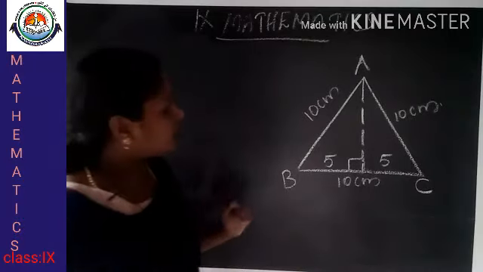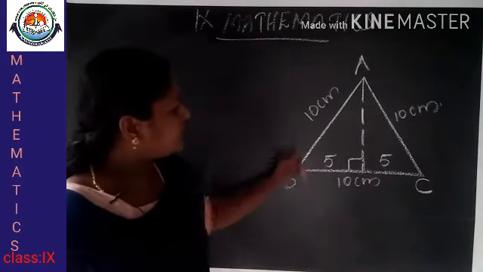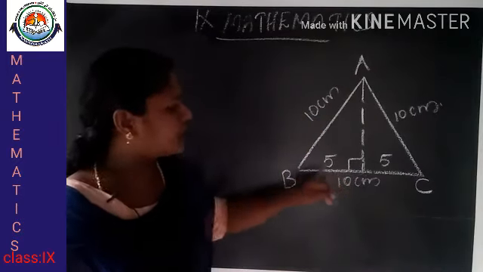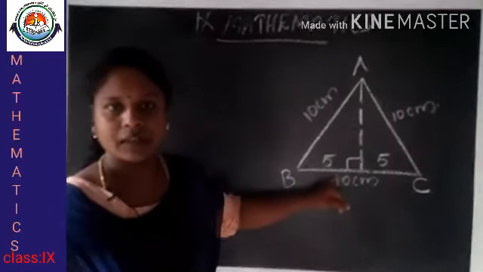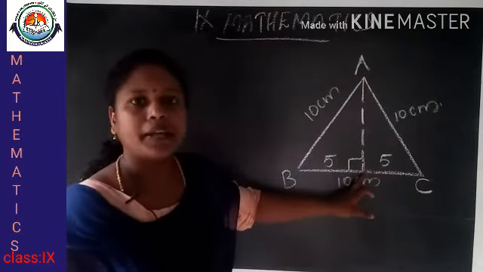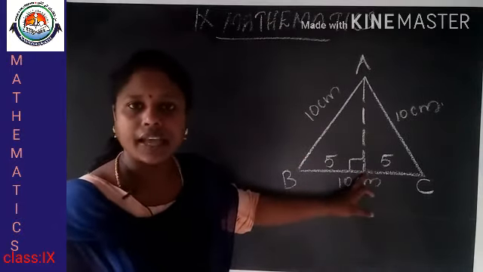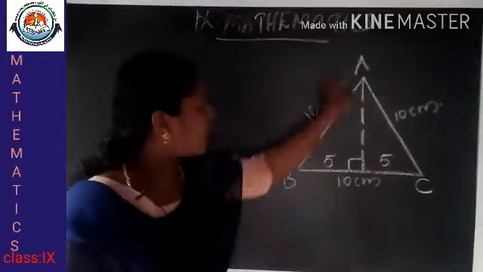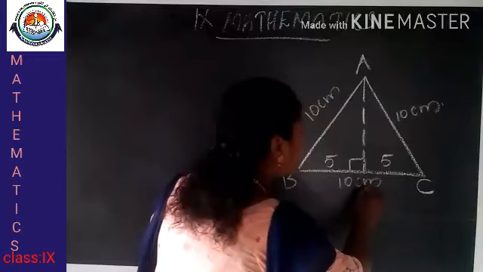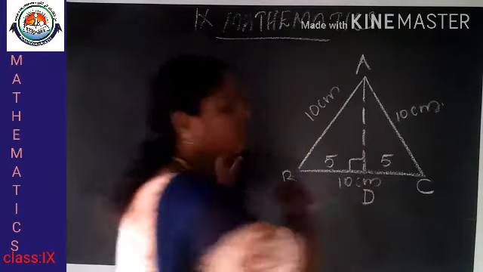This side means it is the height. Now we have a right angled triangle. Suppose this point as D.